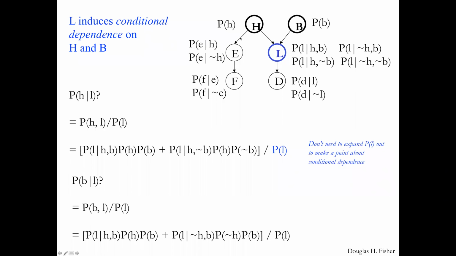The idea is that, let's say these are two possible causes for some outcomes here.